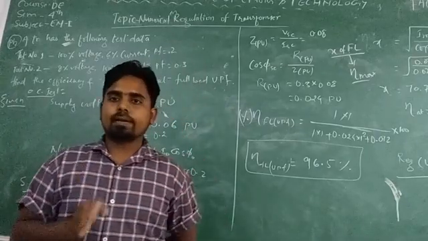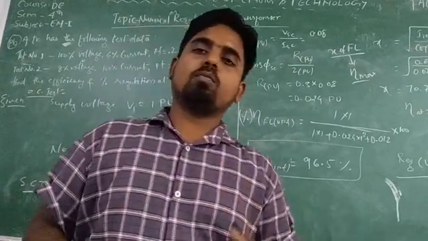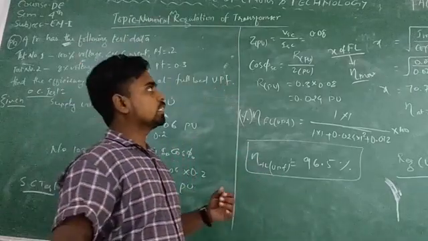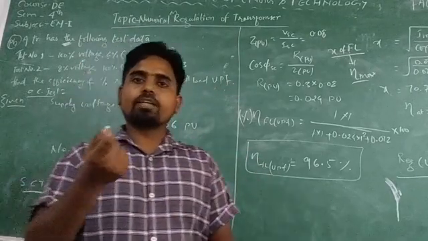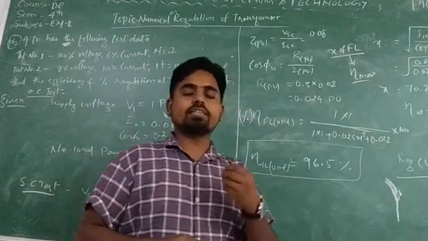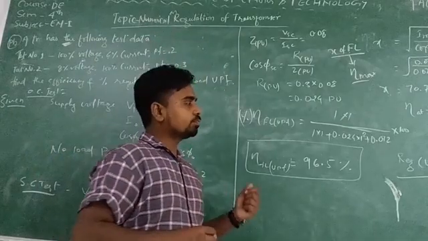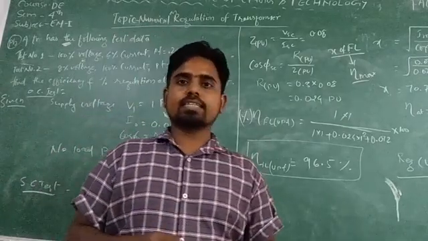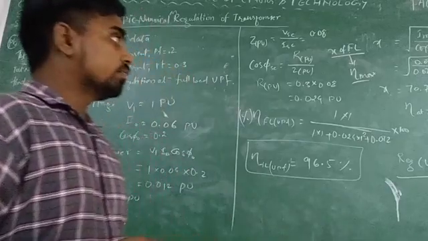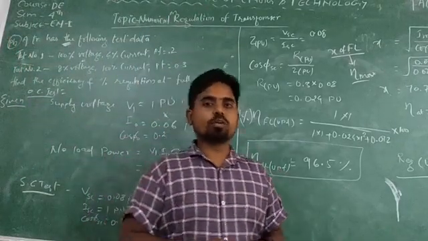By applying the formula under root iron loss upon copper loss and putting these values, we get the value of X, which is 70.7%. So at 70.7% of the full loading, we get the maximum efficiency, that is 96.7%, and the percentage regulation is 2.4%. Okay.